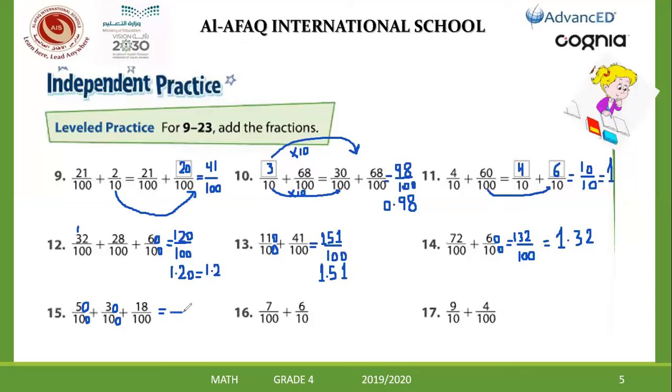What about here adding fractions? Keep the denominator the same. What about here numerators? Add them together. Yeah, start adding from, great, from ones. 0, 0, 8. So the total ones here will be 8. What about here tens? 5, 3, 1 will be 9.